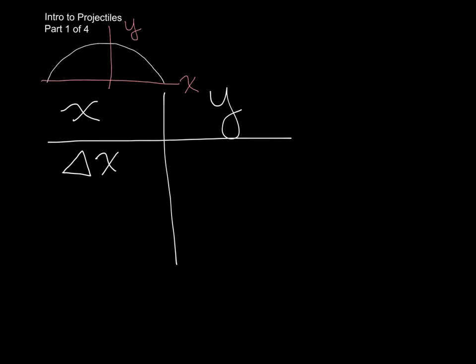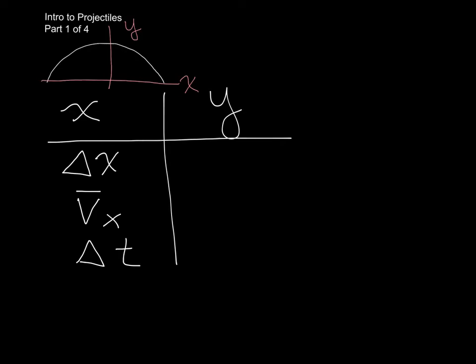Then I'm going to need my average velocity in the x direction, which will be constant. It will be the same the whole time because nothing is causing it to speed up or slow down in the x direction. Then finally, I'm going to need my change in time, which is something that changes independently of whatever motion is happening. It's not affected by anything else.